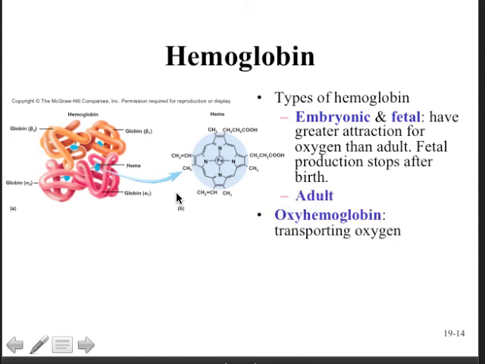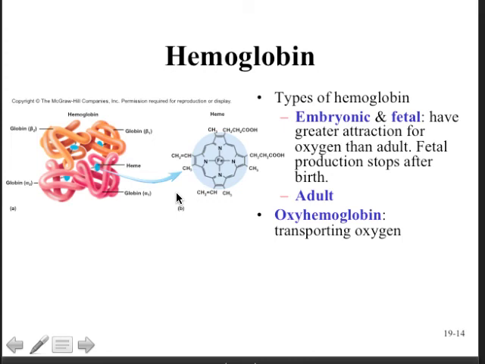Okay, in the adult, we have different forms of hemoglobin. The normal forms are alpha and beta. There are also disease forms of hemoglobin, such as sickle hemoglobin, which is less capable of carrying oxygen at low oxygen concentrations, and it is the agent of sickle cell anemia.